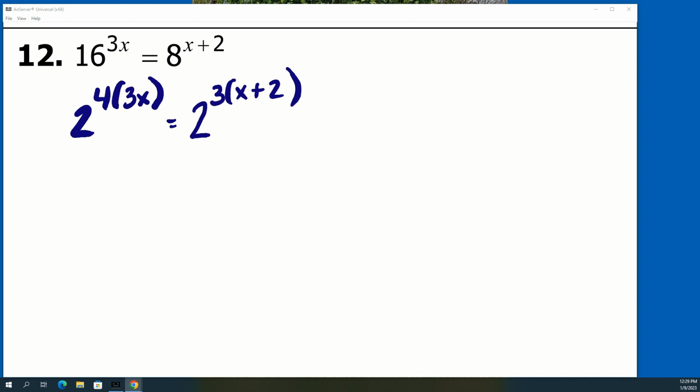So now I can drop off the bases. I'm going to go ahead and multiply at the same time. So 4 times 3x is 12x. And then we have to be real careful on the right side that you distribute that 3. All right, and then we just want to solve this for x.